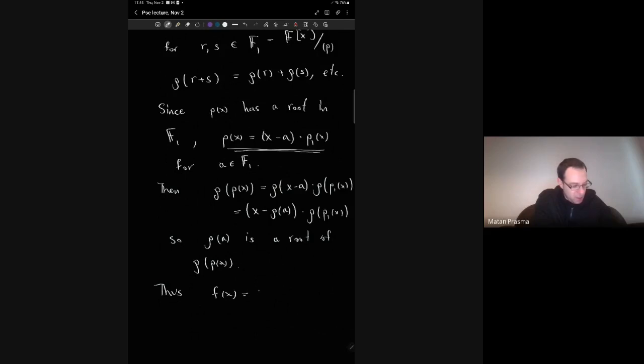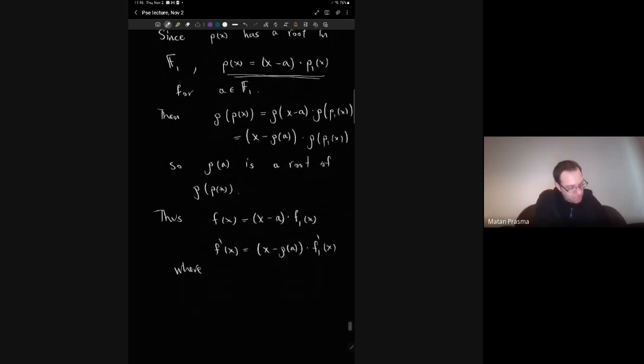So all in all, I get that f of x is x minus a times some f1 of x, and f prime of x is x minus rho of a times f1 prime of x, where f1 prime is simply applying rho on f1.